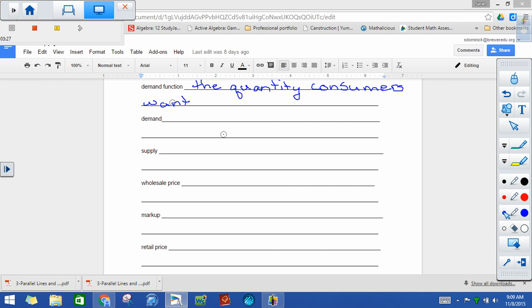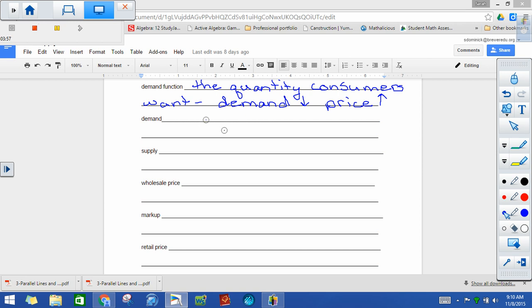It usually decreases, so demand usually goes down as price goes up. Right? If something is super expensive, if the price is going up, not as many people are going to be able to or want to spend that price for it.